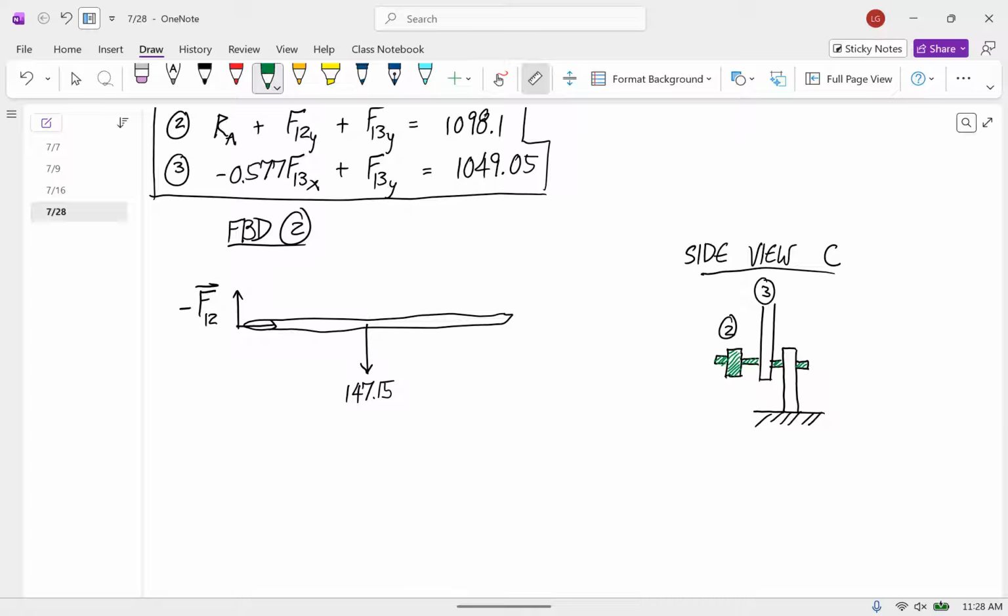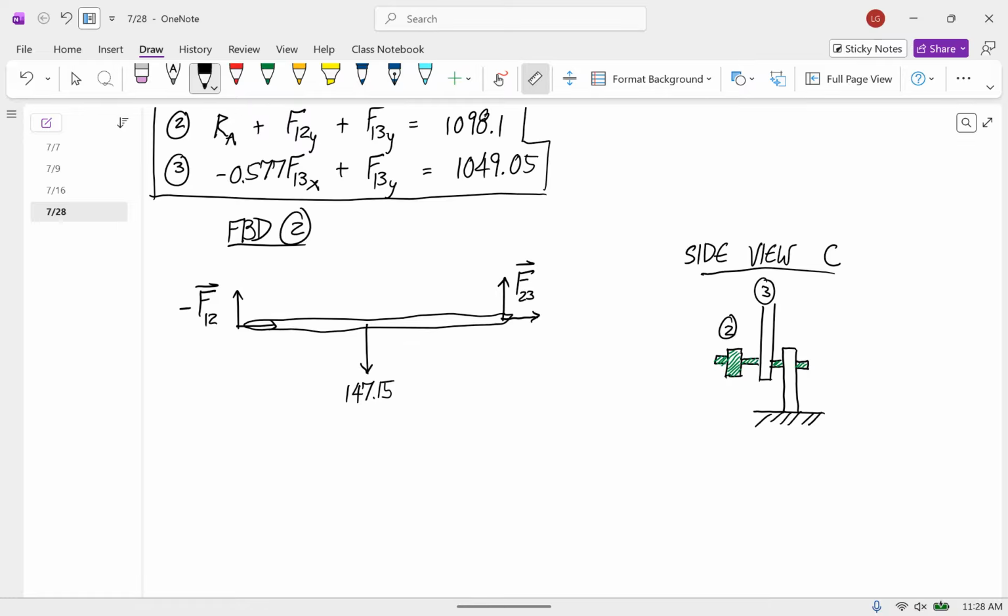So does the ground touch member 2? Yes, through a pin joint connection. Does member 3 touch member 2? Yes, through a pin joint connection. And so what we have here is the force on 2 by 3.